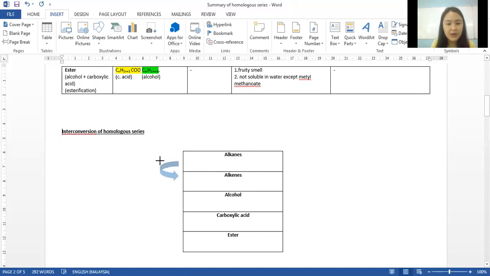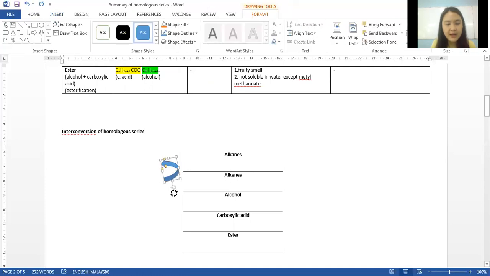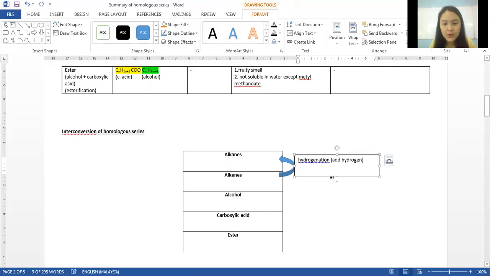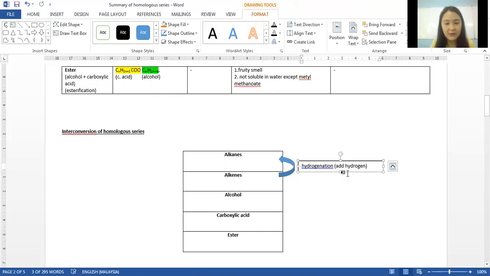Alkenes can turn back to alkanes through a chemical process called hydrogenation. That means you add hydrogen. If I have ethene and I add hydrogen, it becomes ethane. If I have propene, I add hydrogen and I turn it into propane, and so on. So alkenes are able to convert back to alkanes.